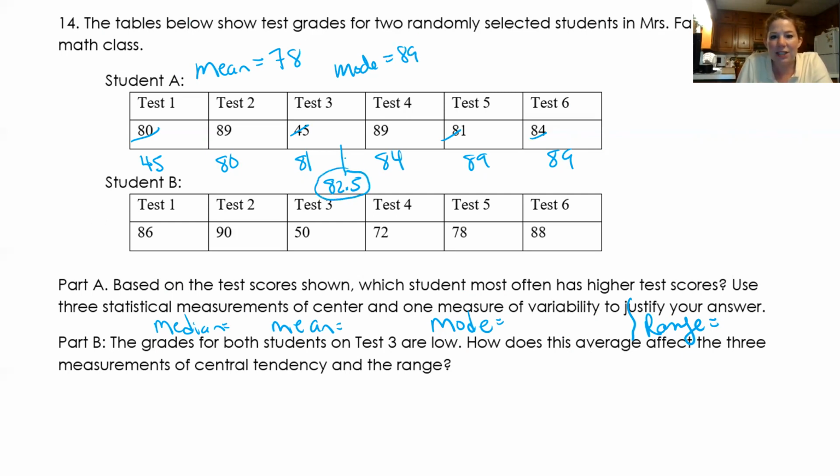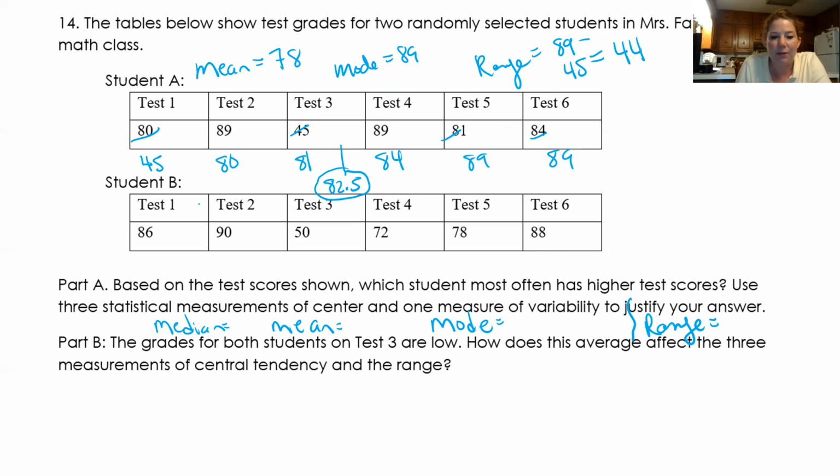And then the range, the difference between the highest number and the lowest number, is 89 minus 45, which equals 44. All right, so we've done that for student A.